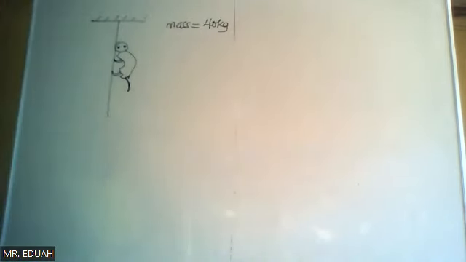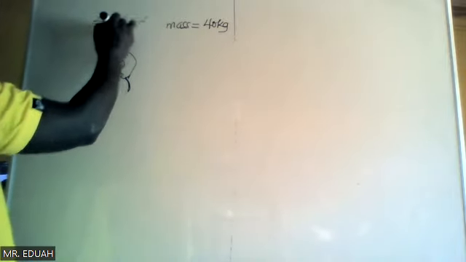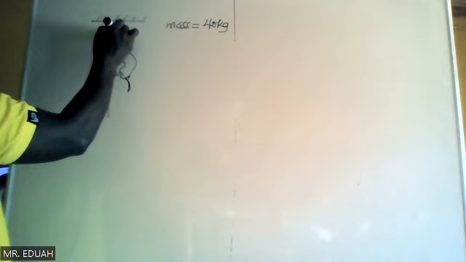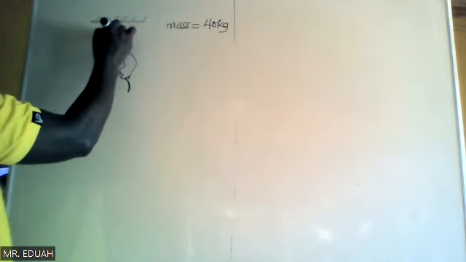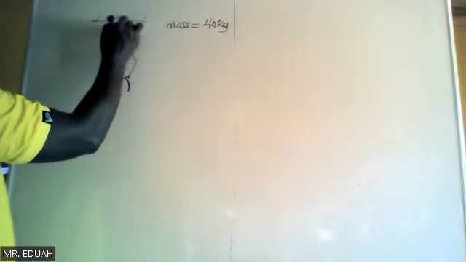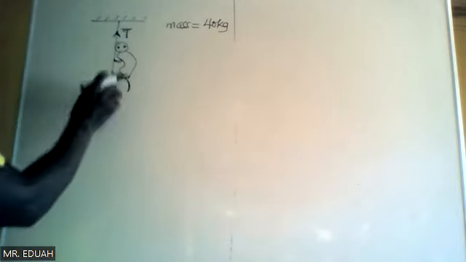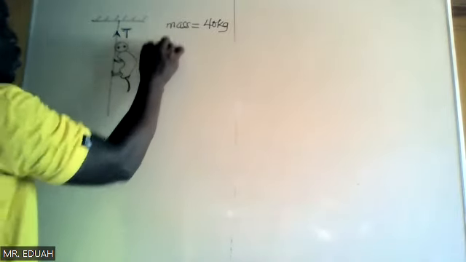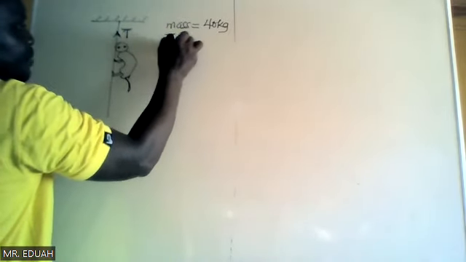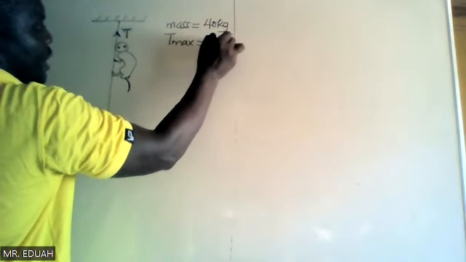Then we are told that there's tension within the string. The tension is always directed to the points of support, so the tension will be here. The maximum tension in the string, we are told, T maximum is equal to 600.